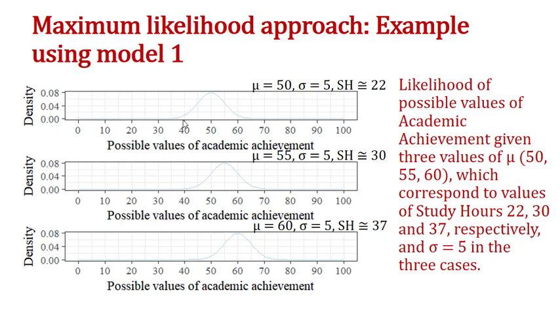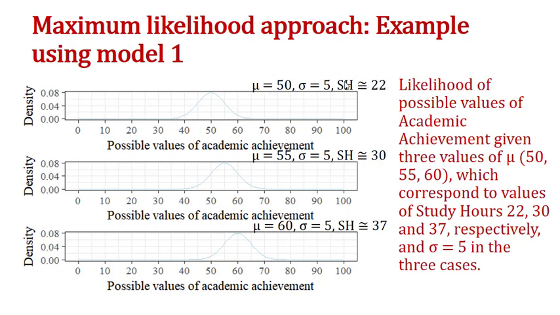And so basically this is a normal distribution with mu 50 and sigma 5. This is a normal distribution with mu 55 and sigma 5. And this is a normal distribution with mu 60 and sigma 5. Now, the mu, remember, comes from the formula of model 1, which involves study hours.